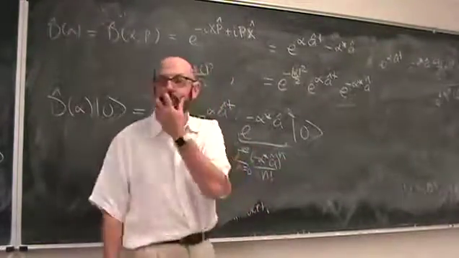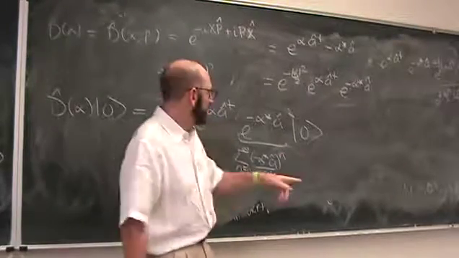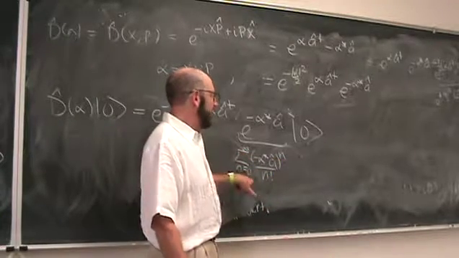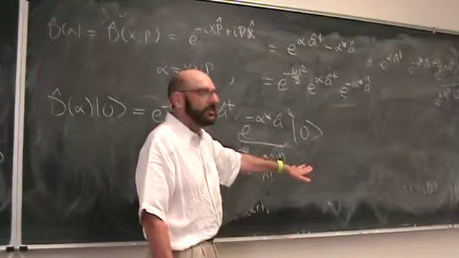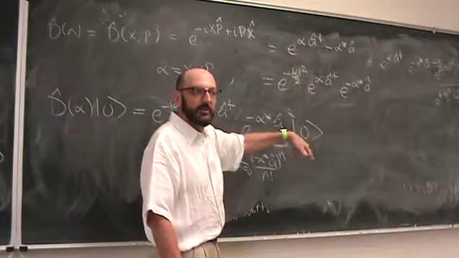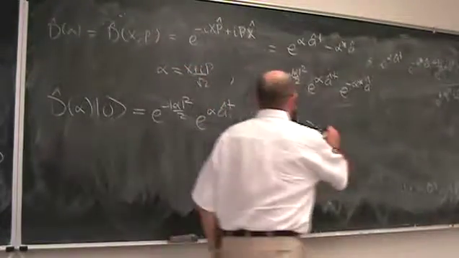And what do I get? 1, right? Because every other term, where n is beyond 0, annihilates it. So I can replace this by e to the 0, which is 1. Then I have this guy.